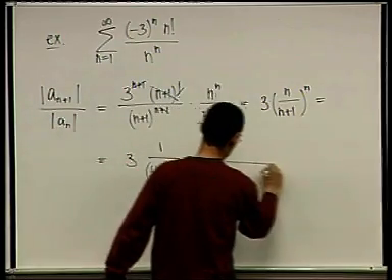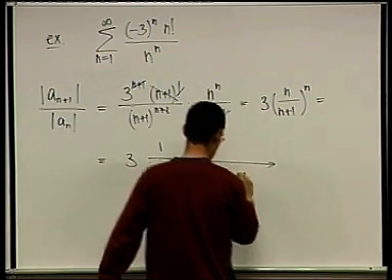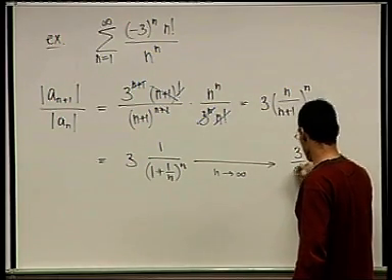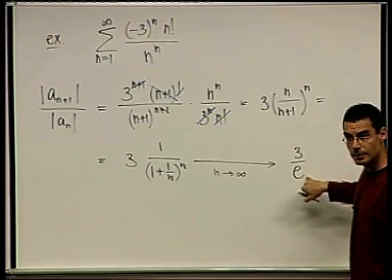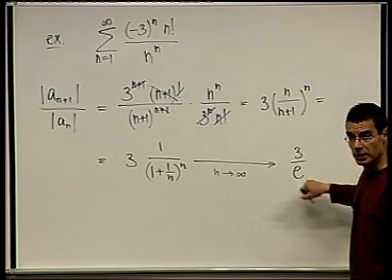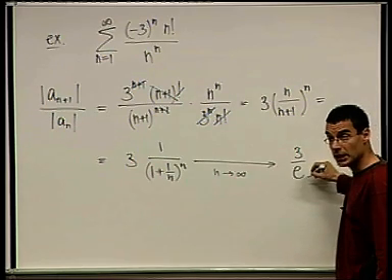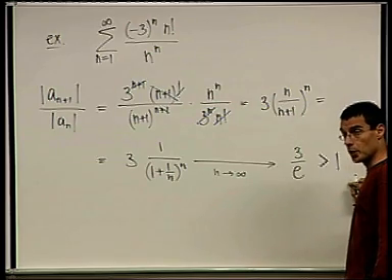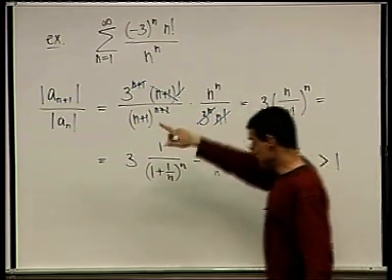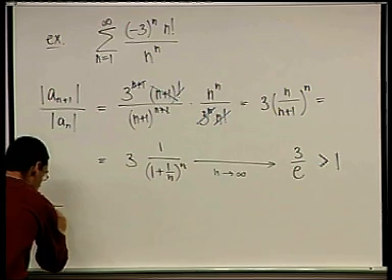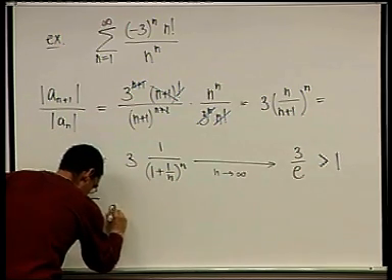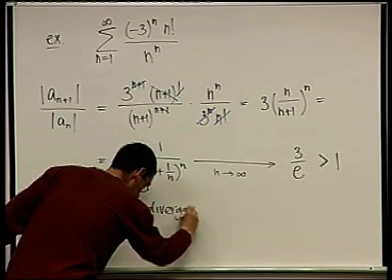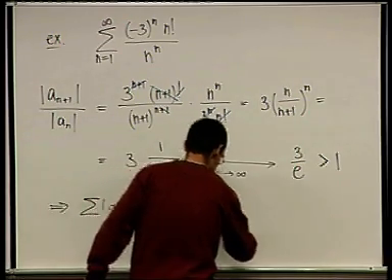And as n goes to infinity, this goes to what? To 3 over e. Now e is what? 2 point something, so 3 over e is greater than 1, therefore, the conclusion at this point is that sigma a_n in absolute value diverges by the ratio test.